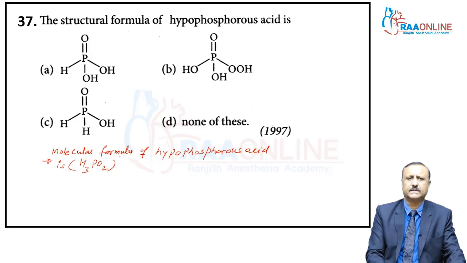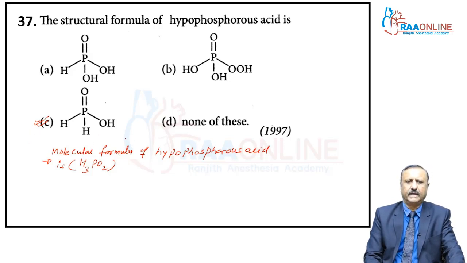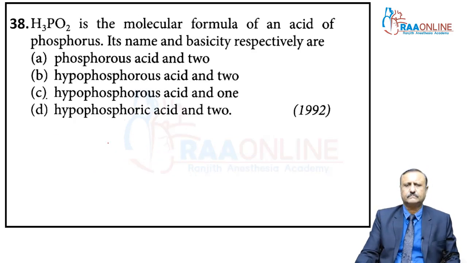So my dear students, you can see the structure here, H3, 1, 2, 3, H3PO2. So my dear students, you can go to question number 37. The answer is C. Now my dear students, we can go to question number 38.